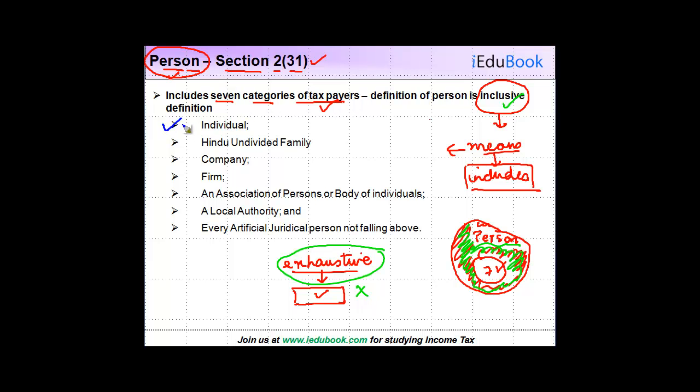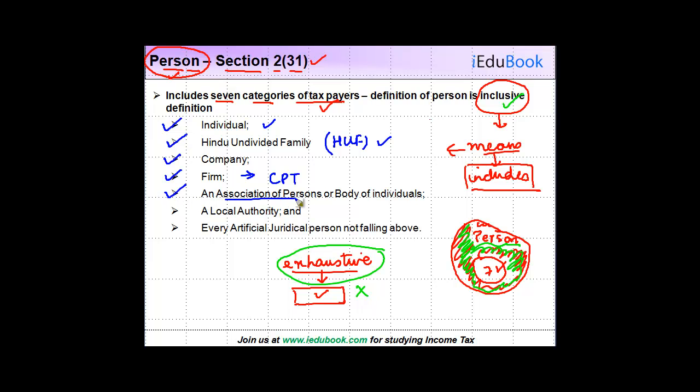The first one is individual. The second is Hindu undivided family, or HUF as we call them. I'm not getting into the details of this because each one of them is separately covered in the next few slides. And I'm going to also explain to you each one of them there. A company. We all know company. A firm. Of course, you would have studied in your CPT examination about partnership firms.